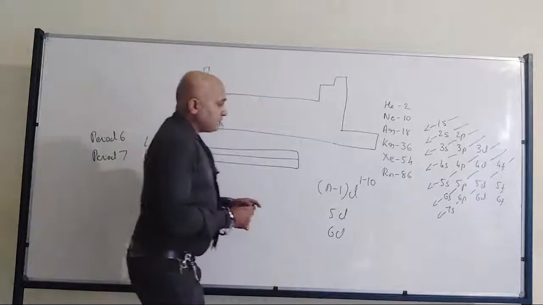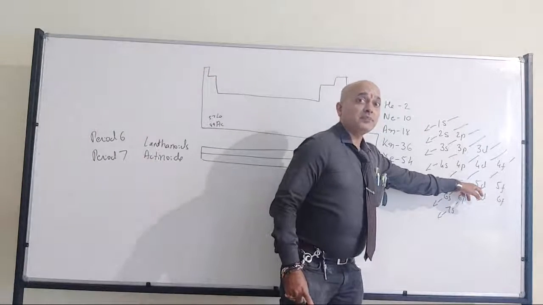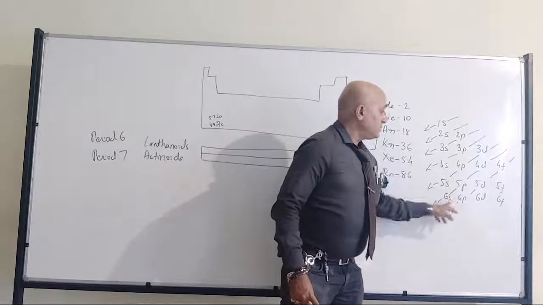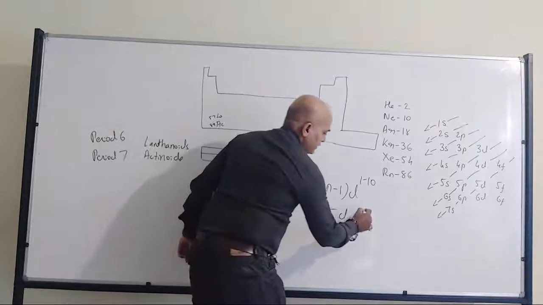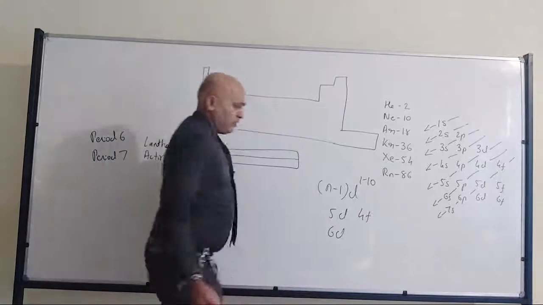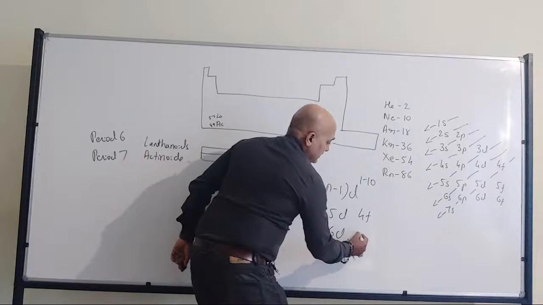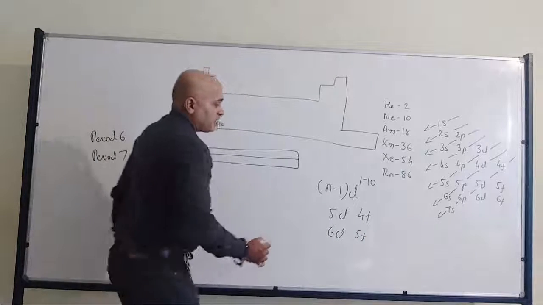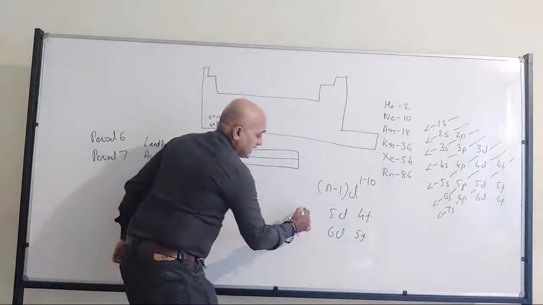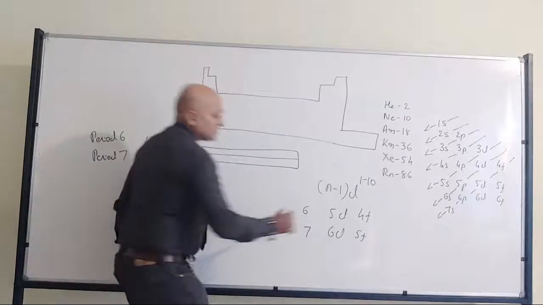Now observe it carefully. 5D is not getting filled up, it's not yet in the picture because 4F will come first. So when I am talking about 5D, we have the 4F. When I am talking about 6D, then we have the 5F, because we are talking about energy level 6 and energy level 7.